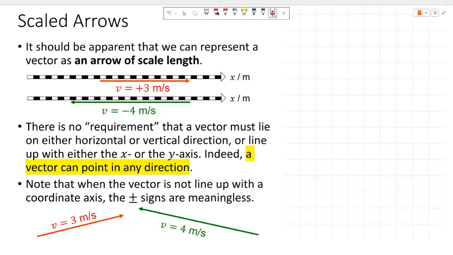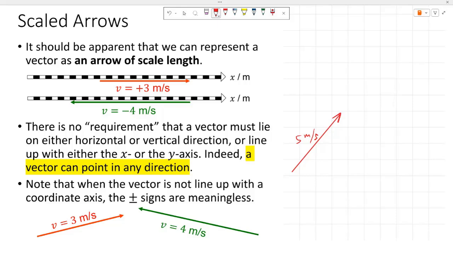So whenever you want to represent a vector graphically, just go ahead and draw an arrow that's going in the direction you want it, and you can label it as, let's say, maybe 5 meters per second. That's the velocity with a magnitude of 5 meters per second going this way.